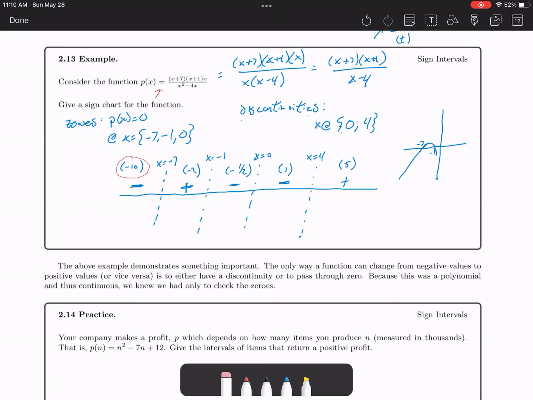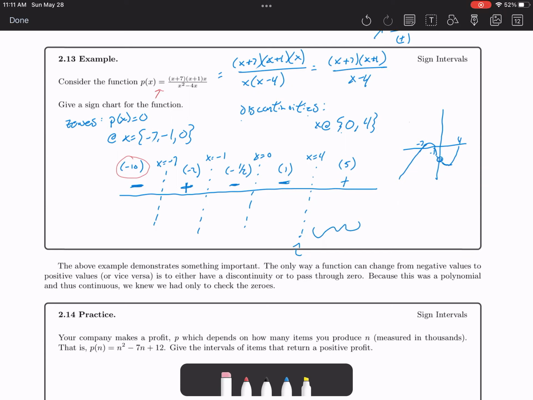So just because you could have switched sign from positive to negative or negative to positive at 0 doesn't mean you actually have to. So I'm still negative, although I don't exist at 0. So maybe we have an open circle right there, and you're still negative. And then you're negative all the way until you hit 4. And then on the right side of 4, your function's positive again.